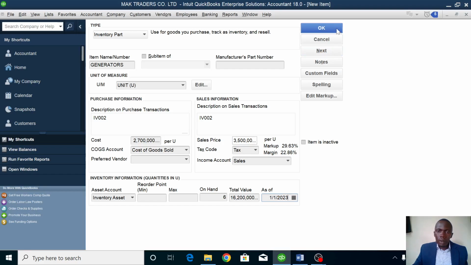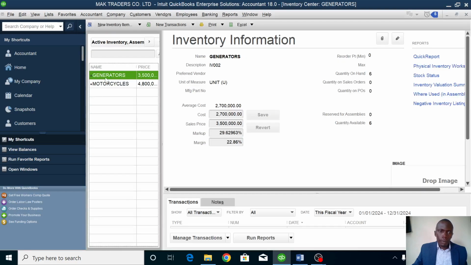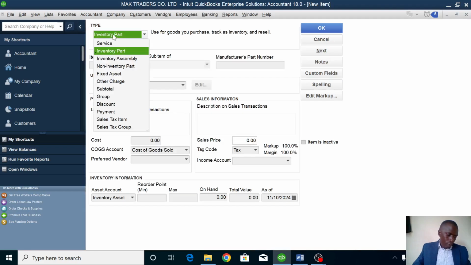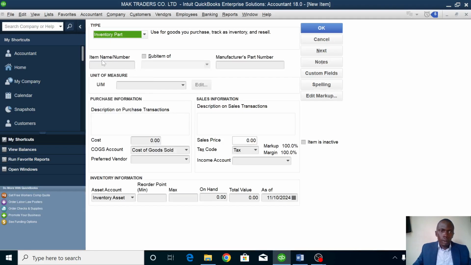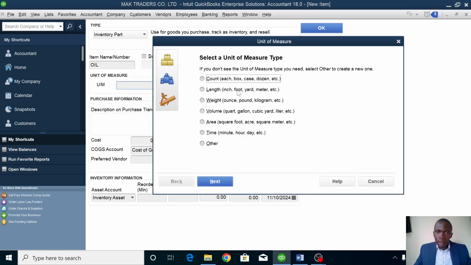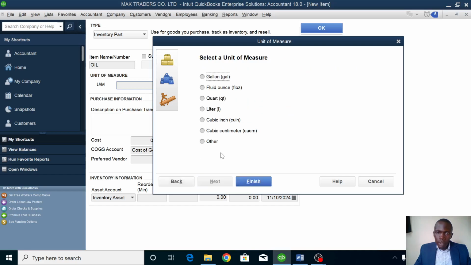Say okay. Then we go to the next inventory item, which is oil. It is in liters, so it is under volume. We say next. Say liters.